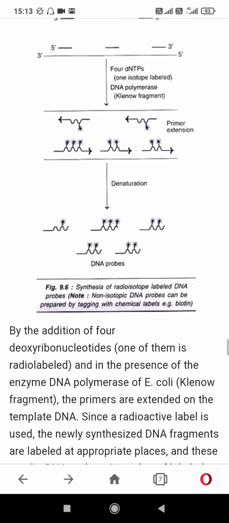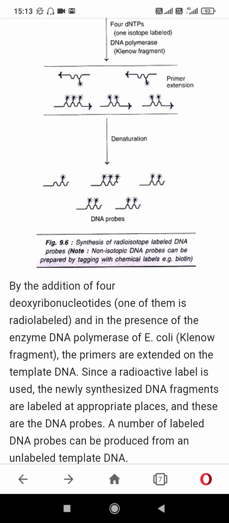By addition of 4 deoxyribonucleotides, one of them is radiolabeled, as I have said. Maybe you have radiolabeled your adenine, or all the guanines have been radiolabeled. So they will be included in the DNA chain during the elongation process catalyzed by the polymerase enzyme, just like we have done in PCR. So it is purely by chance.